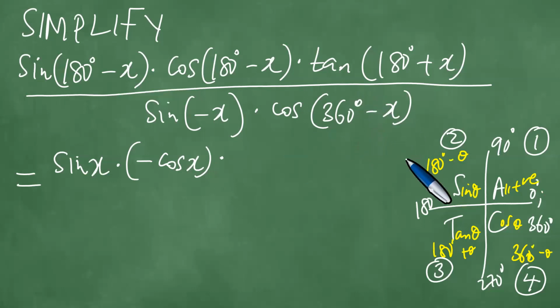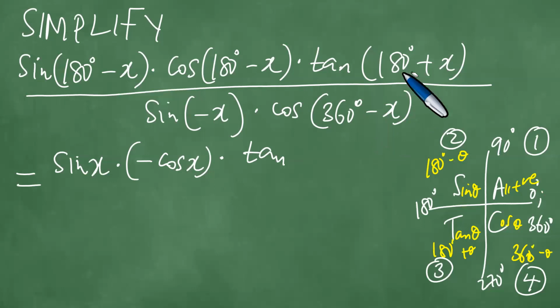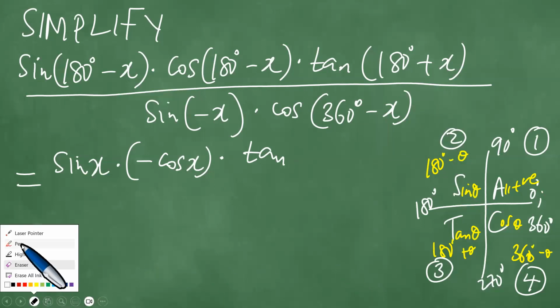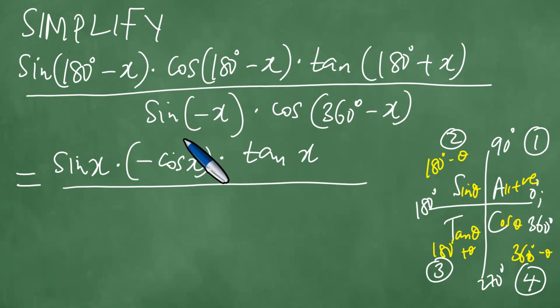Now you have the tan of 180 plus x. 180 plus x is in the third quadrant, and the tan is positive there. So it's the tangent of x. Next, the sine of minus x is minus sine x. 360 minus, in which quadrant is it?